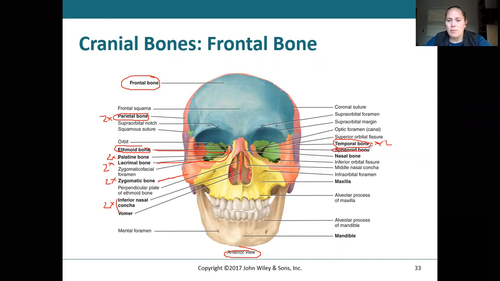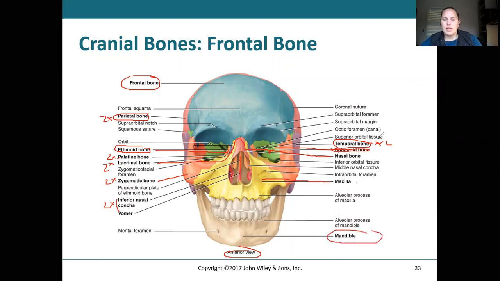Your sphenoid bone is another single bone here that doesn't have a pair. It's going to be this green color that you see inside here. And when we look at it through a different plane, it'll be much more apparent. Your nasal bone, you can see here in that red, and the maxilla bone is another bone that you'll see here. And then lastly, your mandible.